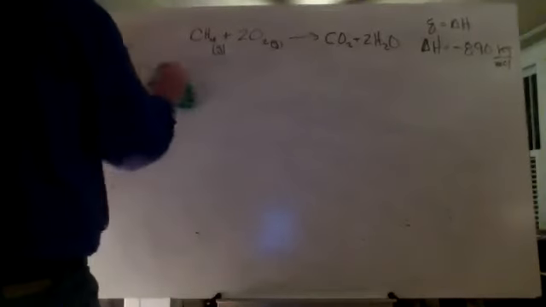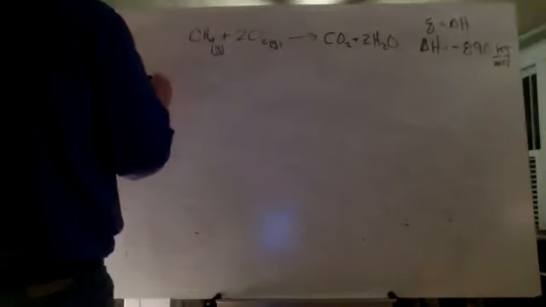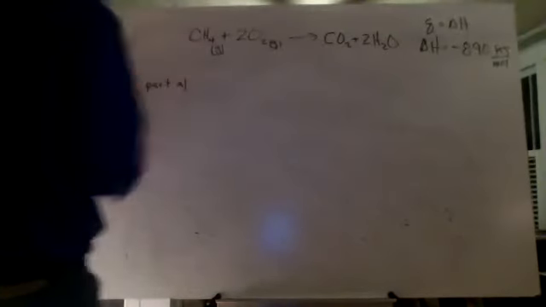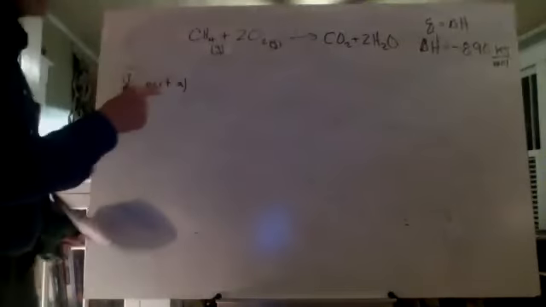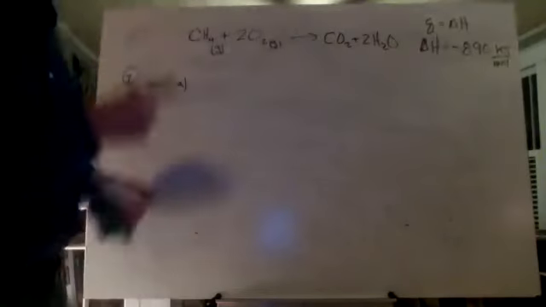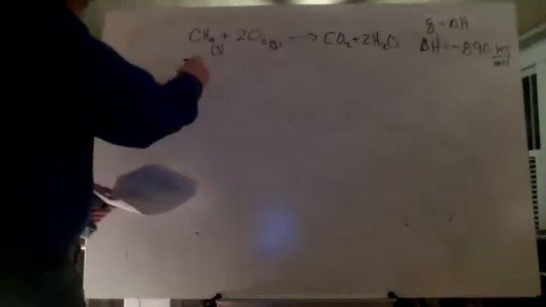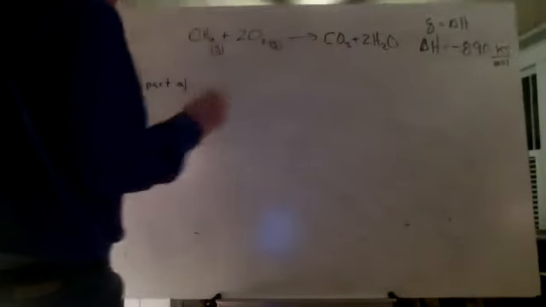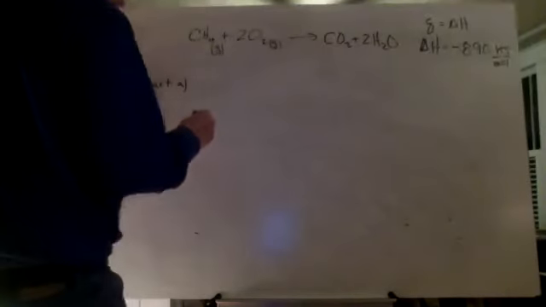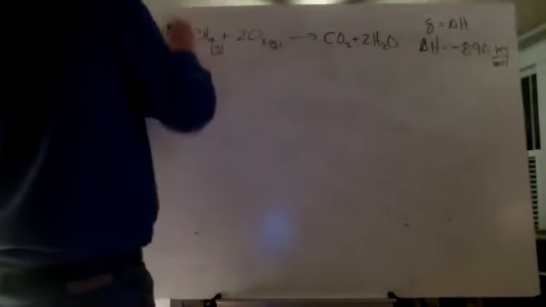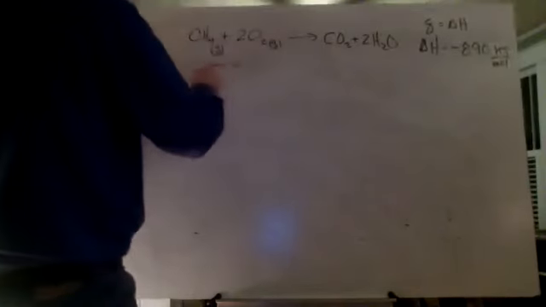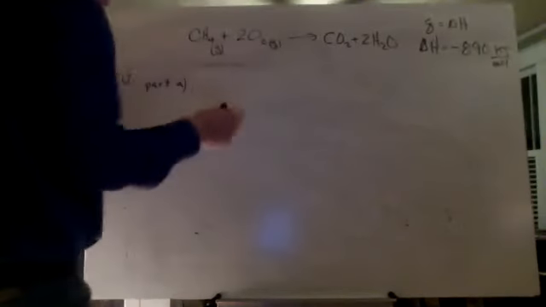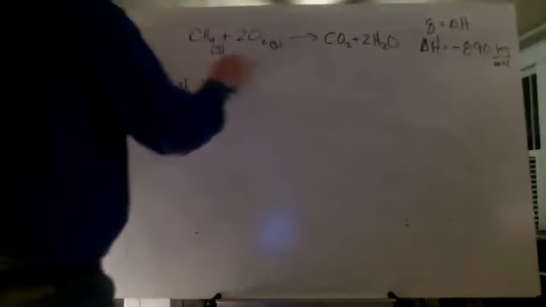Let's say part A. First thing we want to know is how much heat would be produced when 10 grams of methane react by this reaction. Well, it's a stoichiometric problem. And so here's our balanced equation. We already have that. Next step is to convert whatever we have into moles.